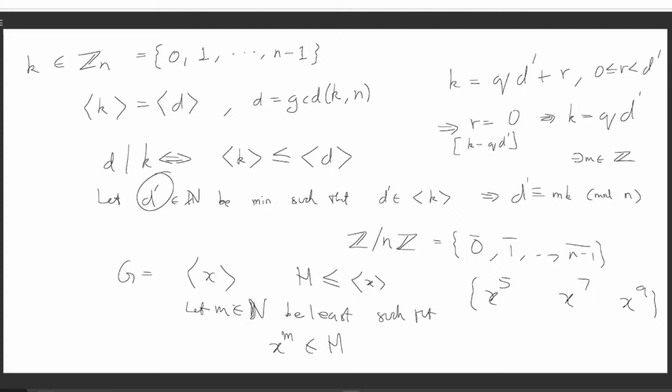K is equal to D. No, no. I think I've misstated the result. I'm sorry. Is it D? No, that's correct. The order of K would be n divided by GCD of K and n. Yeah, order of K would be that's correct. So this is GCD. Okay. I was thinking that I got it wrong. Order of K divided by GCD. In fact, the subgroup is this. Okay. Yeah. If you want to show that D prime divides n. Yes.